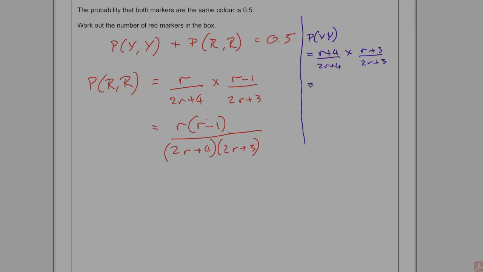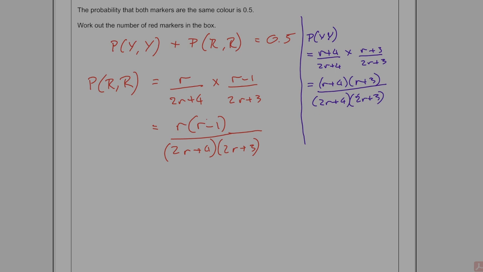So that's going to give me R plus 4 times by R plus 3, all divided by the same denominator.